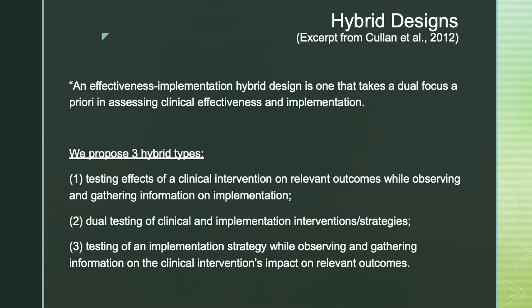And then the third hybrid type tests a specific implementation strategy. That's where you're putting most of your effort, and in the meantime you're gathering some information on outcomes, but you're always kind of soft pedaling the outcome part because you are recognizing that not every participant is probably getting the same dosage or the same experience in the intervention because you're monkeying around with the implementation aspects.